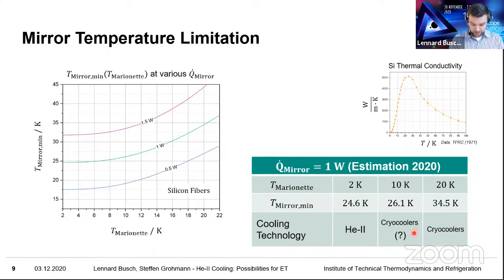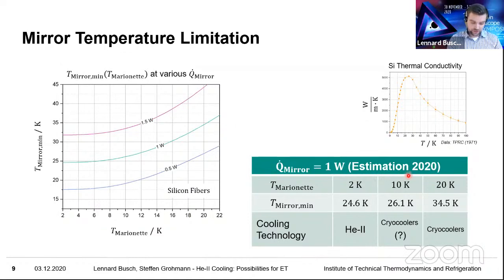But I inserted a question mark there for the cryocoolers at 10 Kelvin, because reaching even only, say, 10 Kelvin at the marionette using those long thermal links is already a big challenge, which our colleagues from CAGRA can possibly confirm. And as you see in those plots, from 10 Kelvin on, you end up with progressively increasing mirror temperatures.